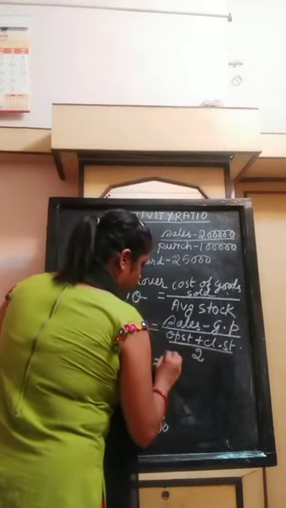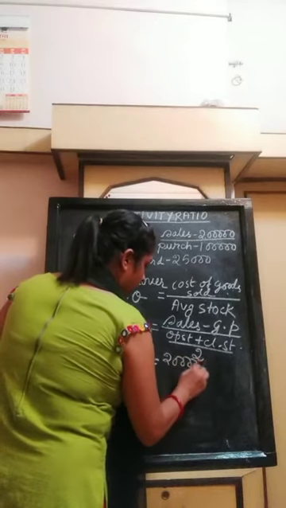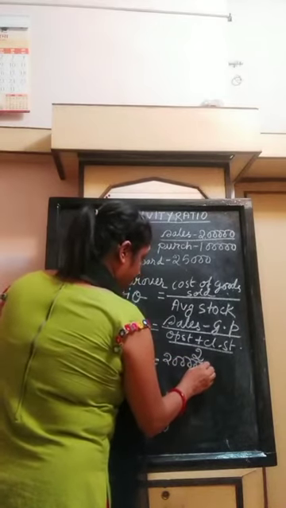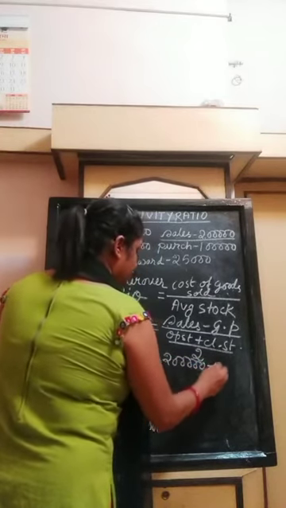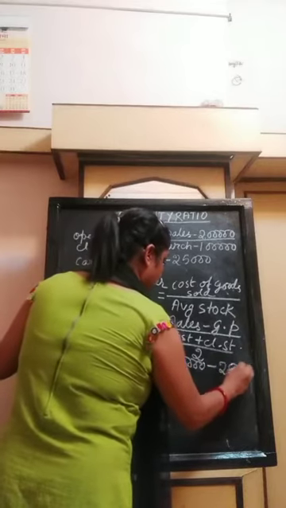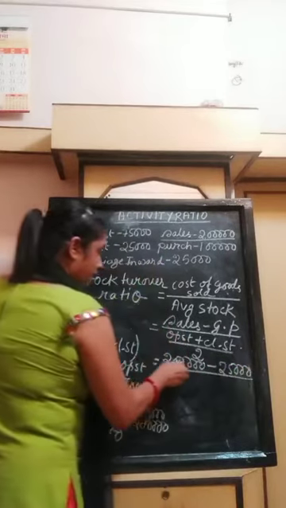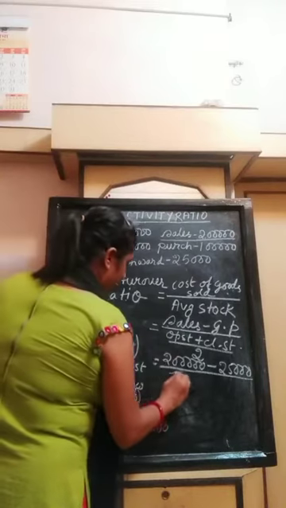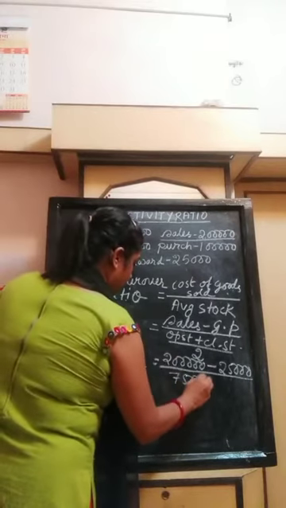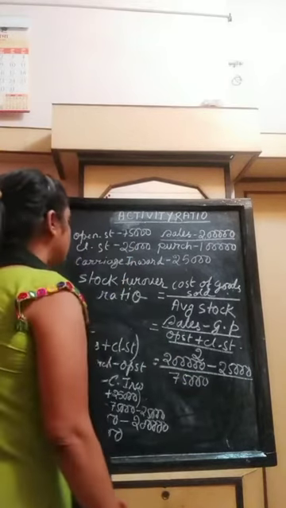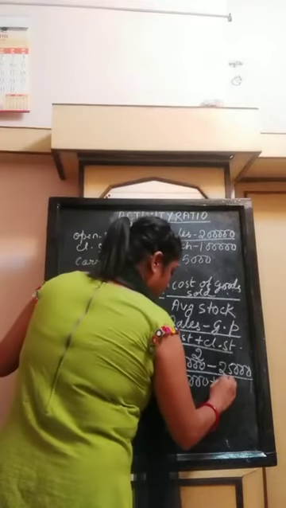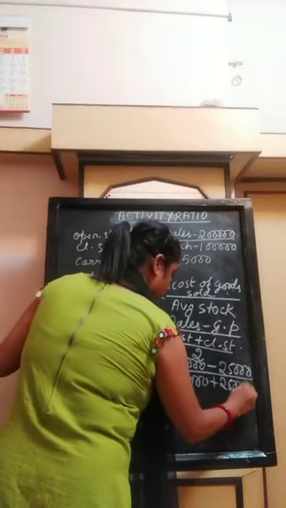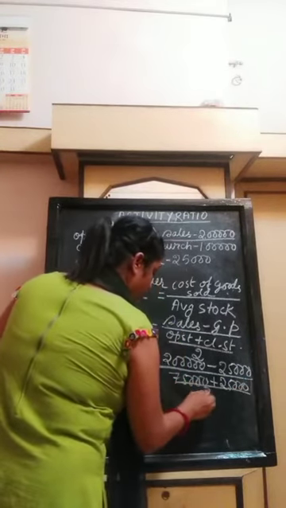Now sales is given, 2 lakh, minus GP 25,000, and opening stock is given 75,000, closing stock 25,000, divided by 2.